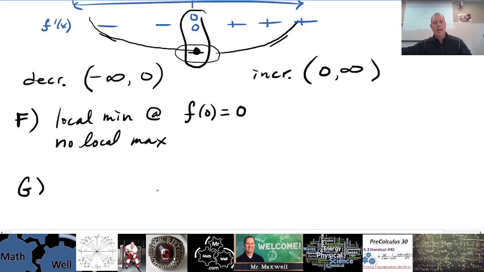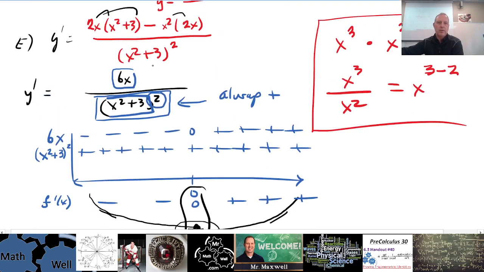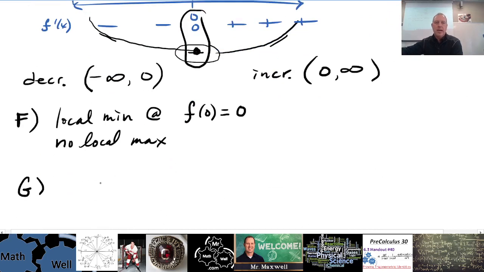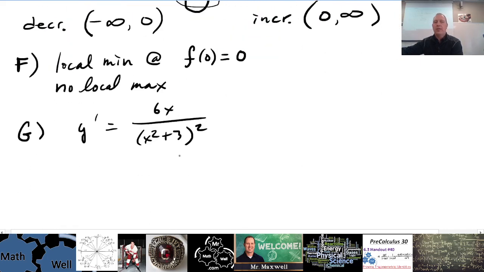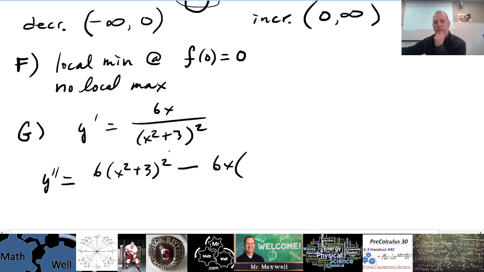So let's go ahead and take the first derivative. y prime is 6x on top, and on the bottom we have x squared plus 3, squared. So let's go from here and take the derivative of the first derivative. The second derivative is the derivative of the top, which is 6, times the bottom, minus, so quotient rule again, the top times the derivative of the bottom.